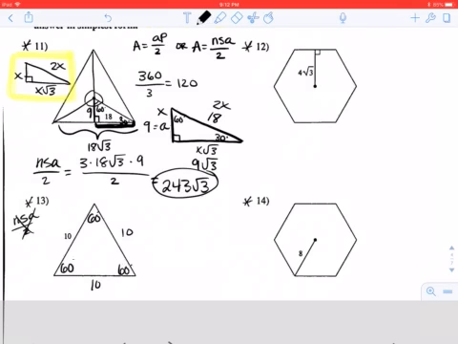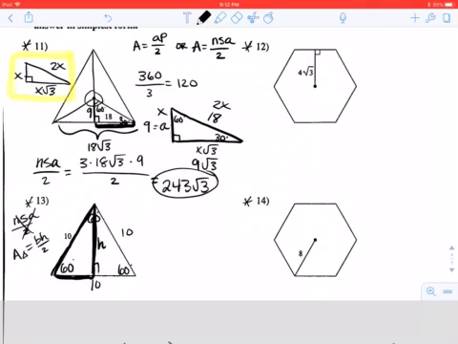Then instead of NSA over 2, I can do just the normal triangle formula, 1/2 base times height, where 10 is the base, and then you have to draw in your height. But that's a 30, 60, 90 triangle there, so you don't have to find the apothem. You just need to find the height there.